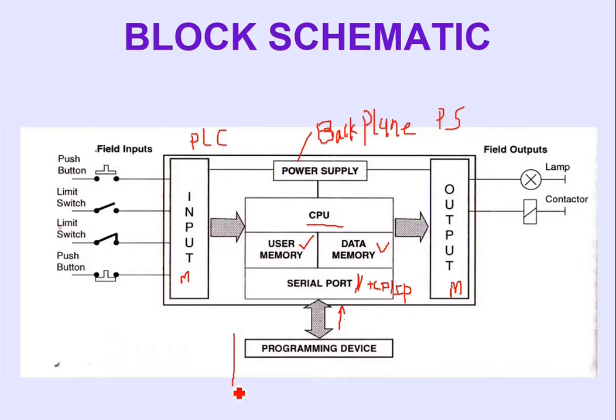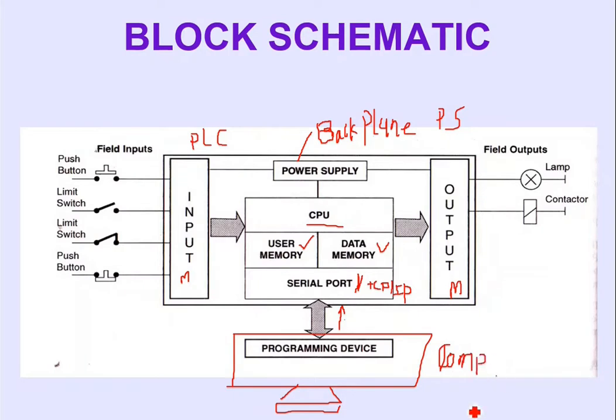It is a computer actually. Why a computer? Because programming software nowadays is Windows based, and Windows is there inside the computer. That's why the programming device is, in most cases, a computer.